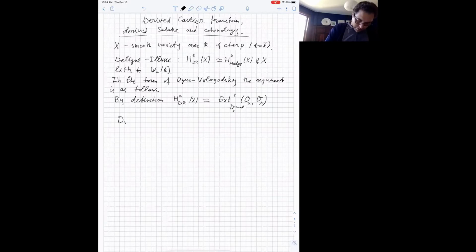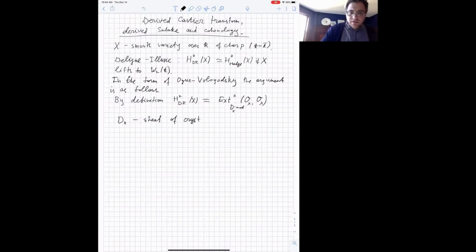So D_X is the sheaf of crystalline differential operators. There's a question in the chat: yes, there's no lifting of Frobenius, but yes, I may be sloppy about things in the future.